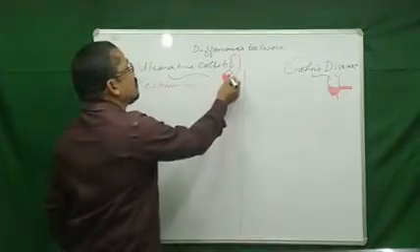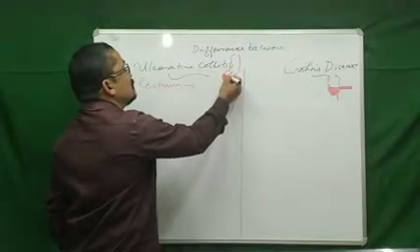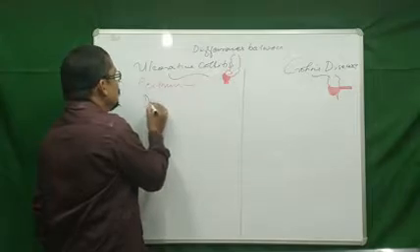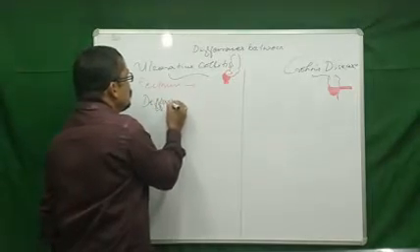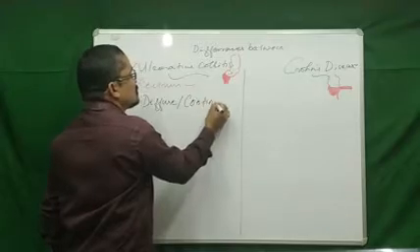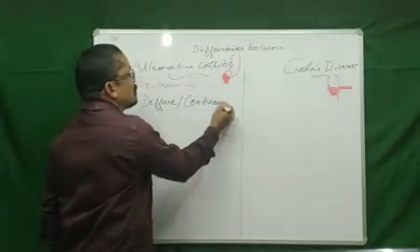And next, the peculiarity of the lesions. In ulcerative colitis, the inflammation is very diffuse or continuous in nature.